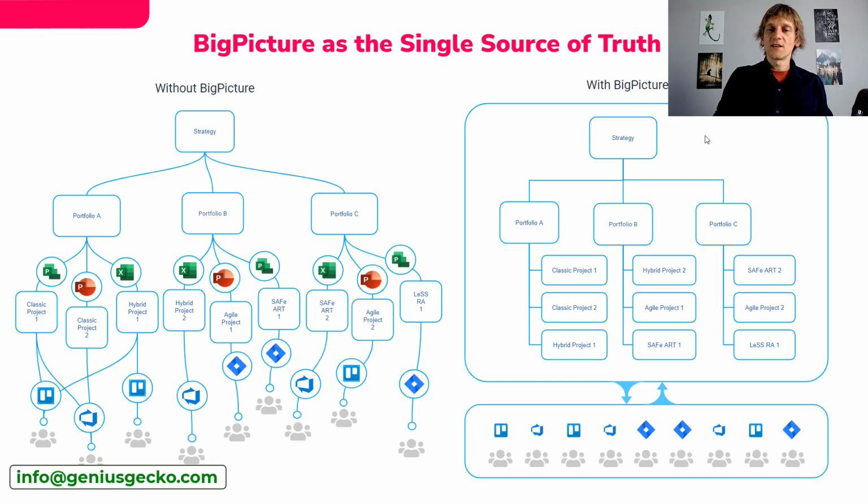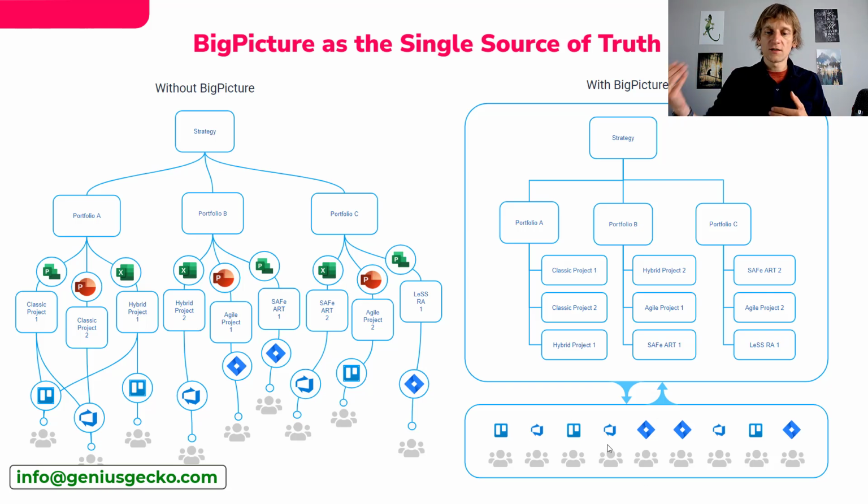What BigPicture does is that it combines everything into one place, and because it works under one ecosystem, these two blue small arrows are actually super important over here, because they make sure that there is a two-way synchronization between whatever ecosystem you're working with.